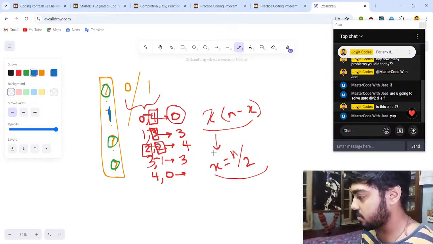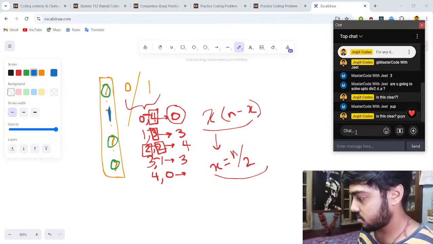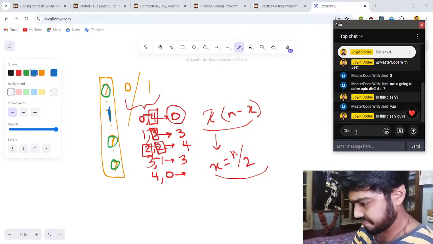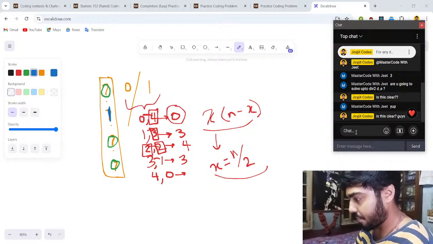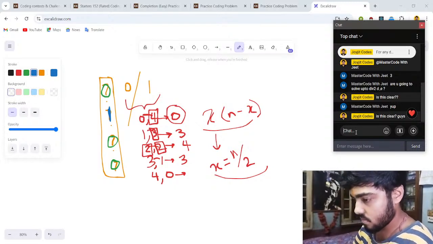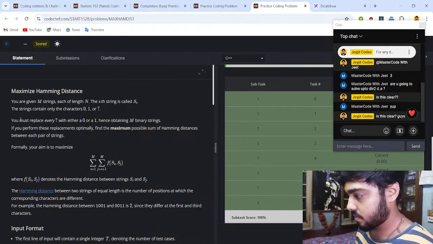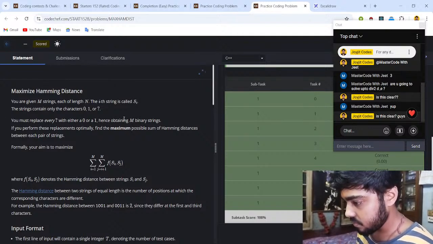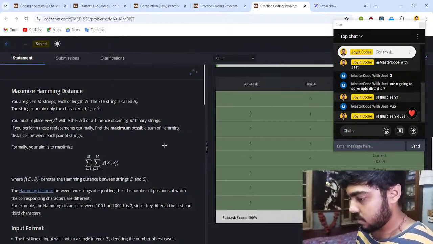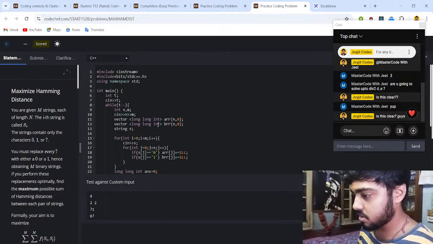So tell me, is this clear? If it is not clear, then I'll explain it again. Okay, since there is no response from you guys, I'm just assuming that it is clear.